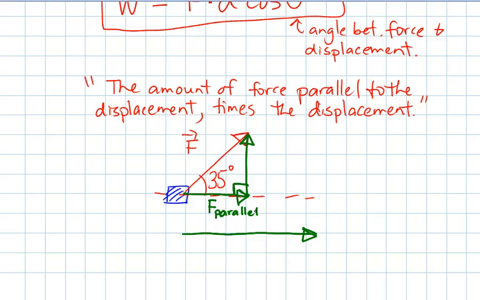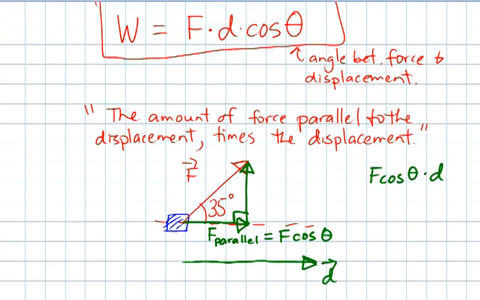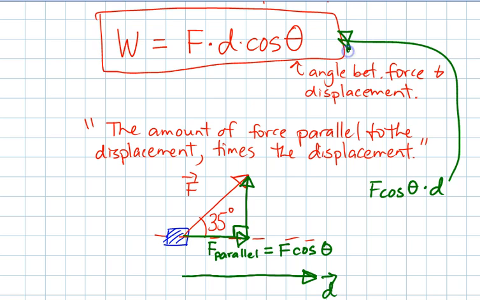And this is the amount of force that's parallel to the displacement. And if you remember your definition of sine and cosine, this is going to be equal to F cosine of theta. And so if we multiply those things together, F cosine of theta and d, that gets us back to our definition up here. So that's the really important thing to keep in mind.